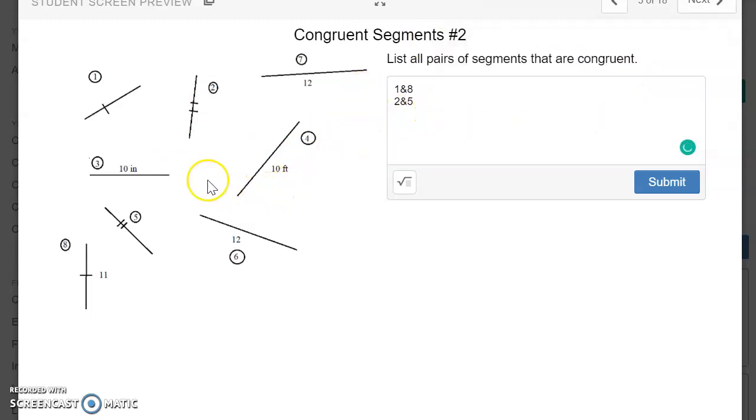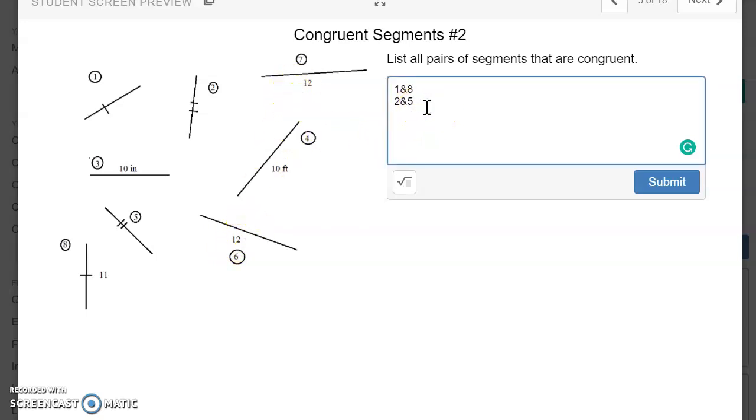Any other? What about this 12 and 12? This number 12 tells me this is 12 units long, and this tells me this line is also 12 units long. If a line is exactly the same length, then we know that they're also congruent.